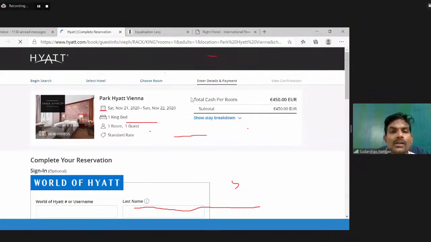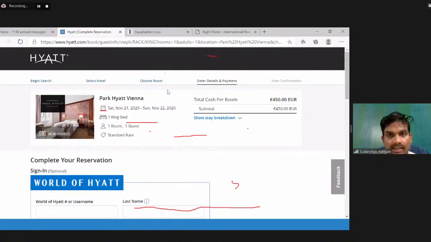I can select and book the room, pay through PayPal or credit card. Booking is done. Now, will Park Hyatt Austria have to pay equalization levy? It looks like it has to, because what is the condition? It should be an e-commerce operator. Who's an e-commerce operator? A person who owns or operates a facility. Here, this is a website, a digital facility they are owning, and they sell. Hotel room can be a sale, or goods or services, however you want to put it. And who is the buyer?